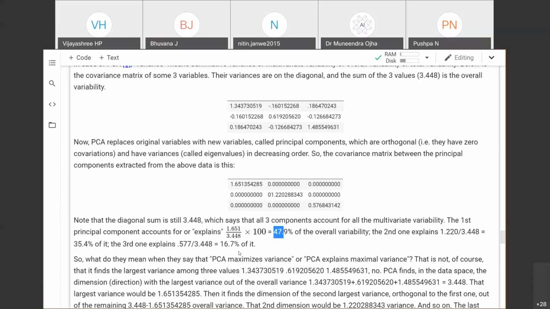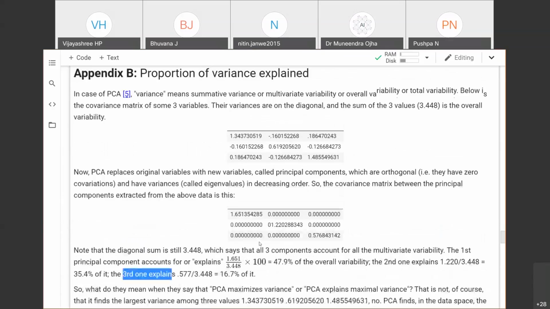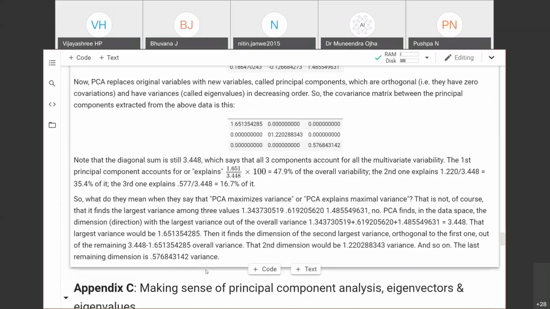So I don't actually need the third principal component if my threshold is 80%. If I need only those principal components with which I could explain 80% of variance, then in this case I don't really need the third one. So this is what is meant by variance explained.